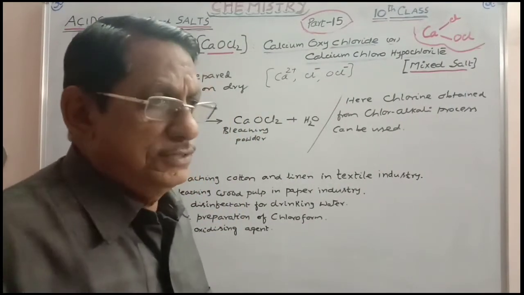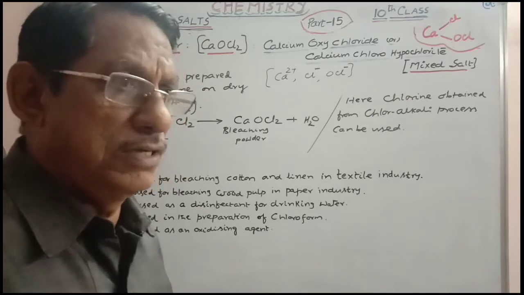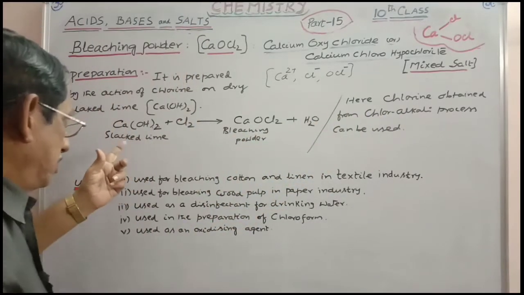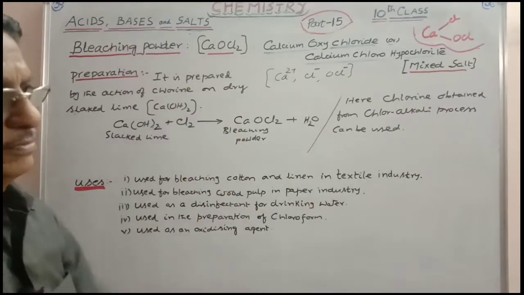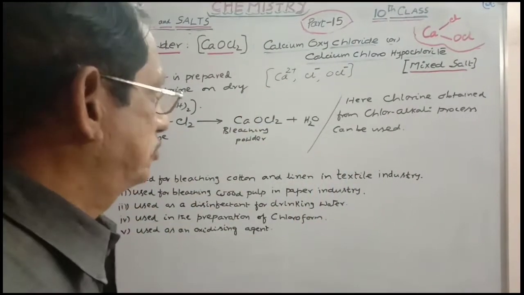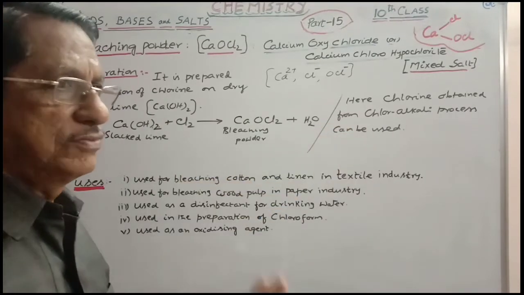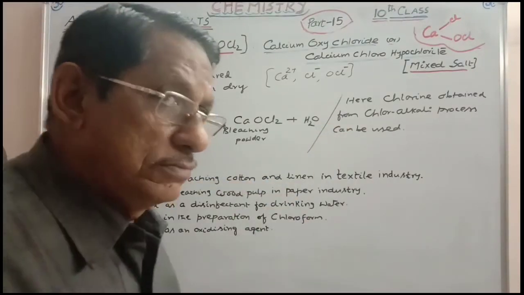So in the previous method, we got sodium hydroxide, along with which the byproduct is chlorine. That chlorine is used here and treated with dry slaked lime, and bleaching powder is obtained. One shot, two birds, like that. So this is the preparation of bleaching powder. It is a white powder.